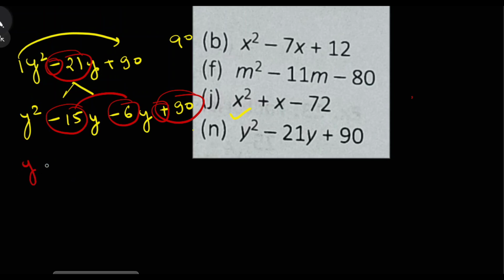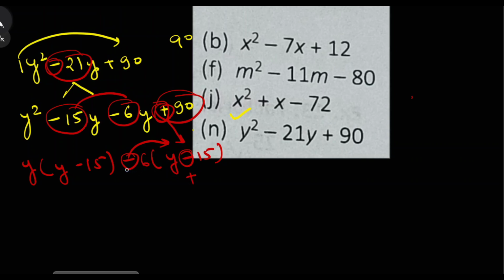We have y as a common here, and we have y minus 15, and here minus 6 as a common, and you have y minus 15. Minus is here because when you have taken minus as common, then this plus will become minus, because when you multiply it again inside, it will again become plus.